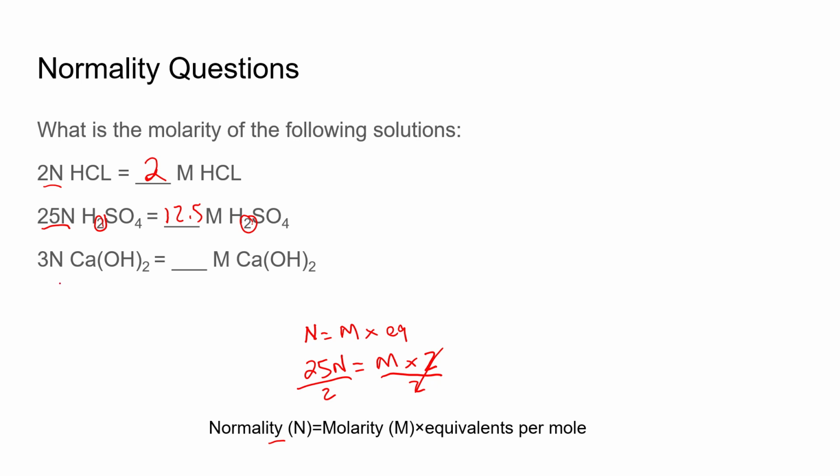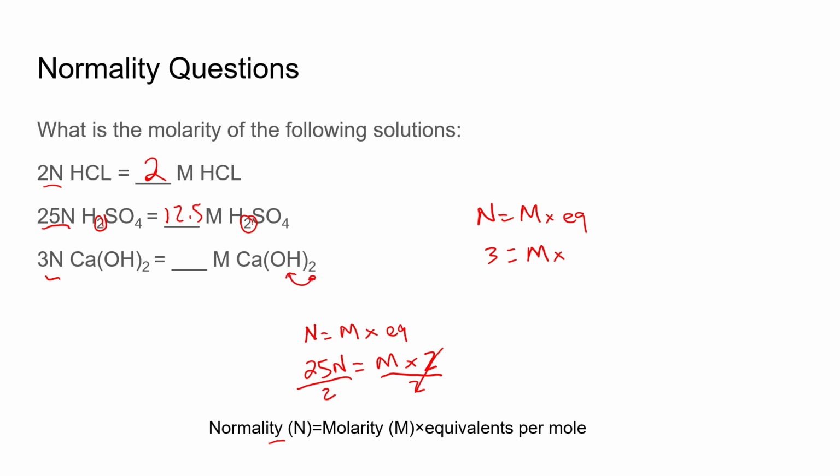So now we have 3N, and they want to know M. So we're going to put it into this equation over here. N equals M times EQ. So our normality was given as 3 equals M, we don't know, that's what we're trying to calculate, times there's 2 equivalents of the hydroxide ions.